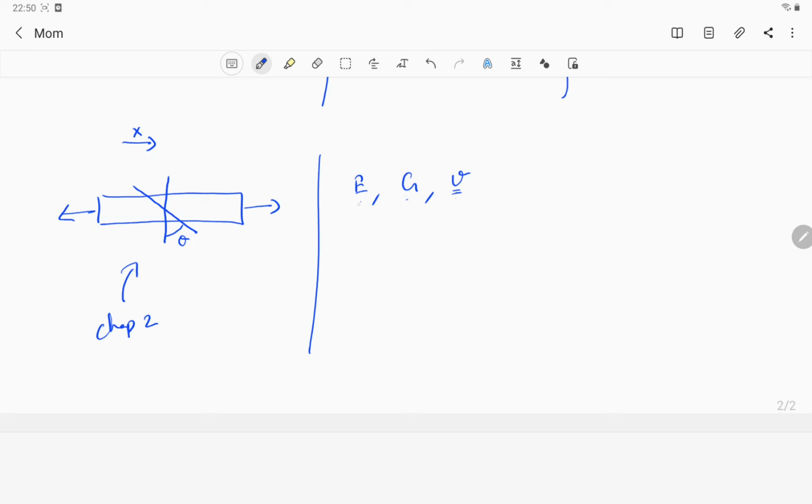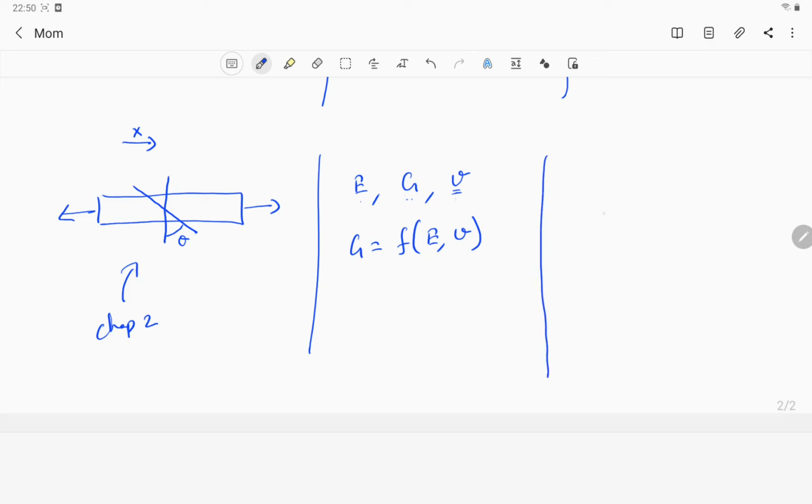If two are given, then we can calculate the third one. So learn the relation, for example, if E and nu are given, how to calculate G. It's going to be a function of E and nu. You need to know these relations.